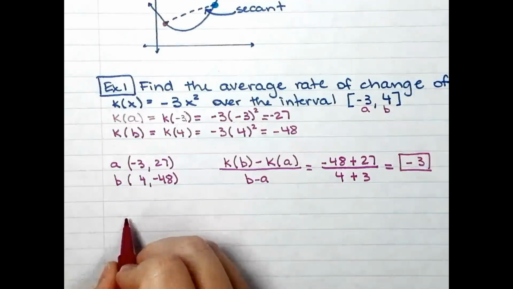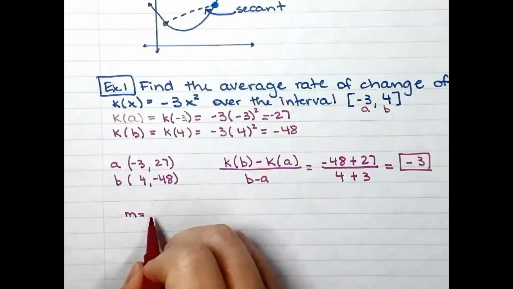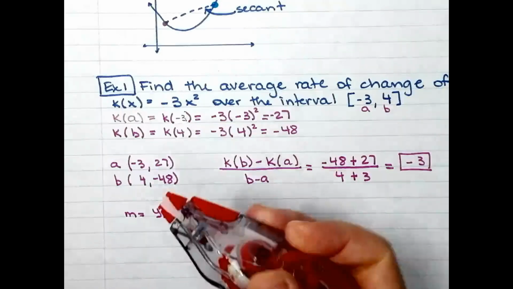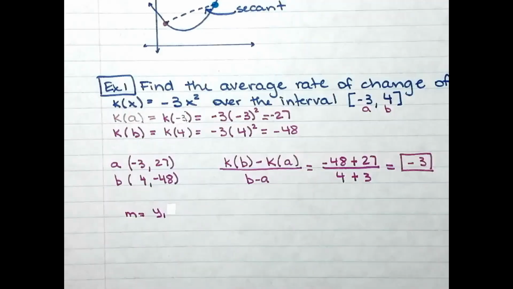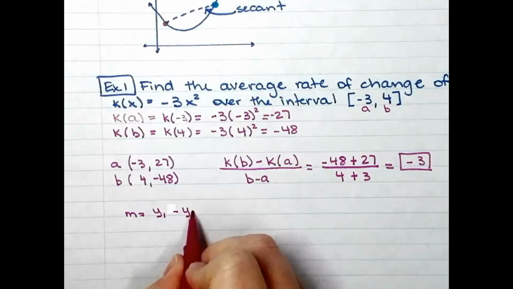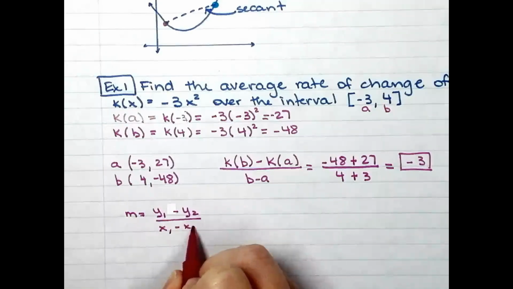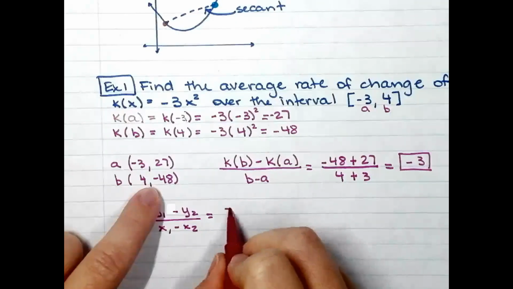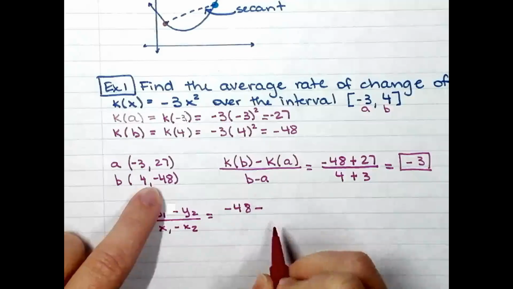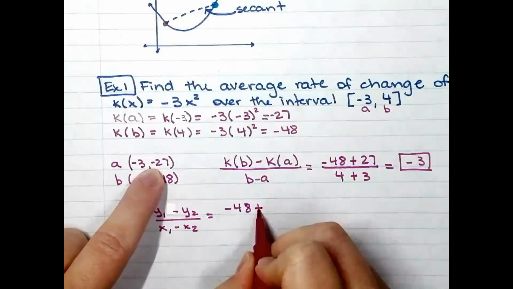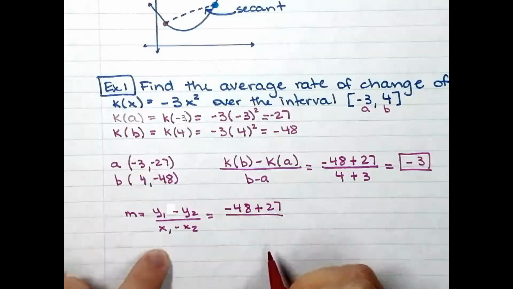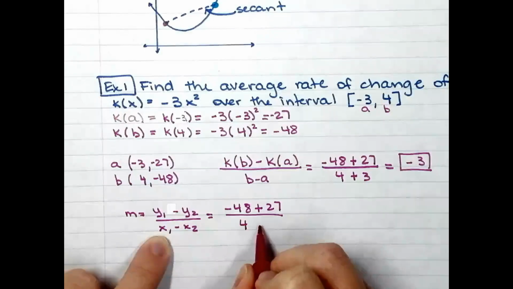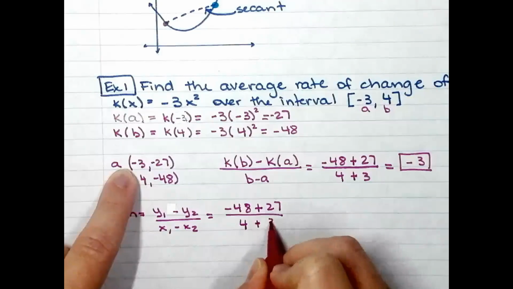So if I want to do the slope formula, the slope is y1 minus y2 over x1 minus x2. And y1 I have right there, negative 48, minus y2. y2 is right there, negative 27, over x1 right there, 4, minus x2 right there, 3.